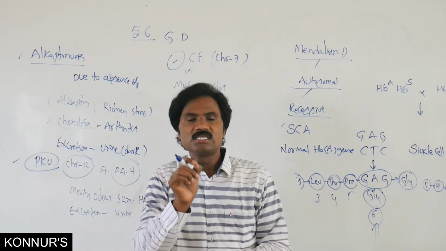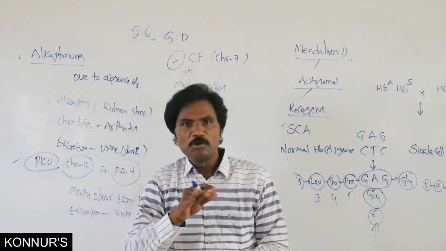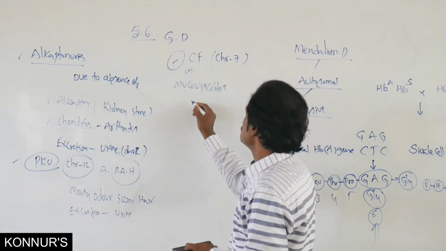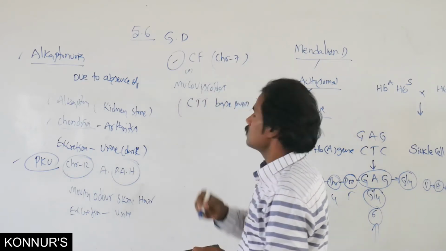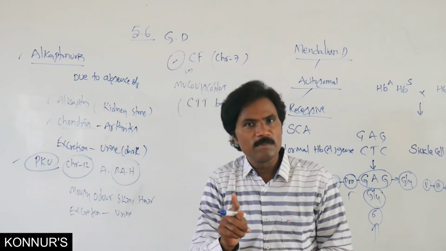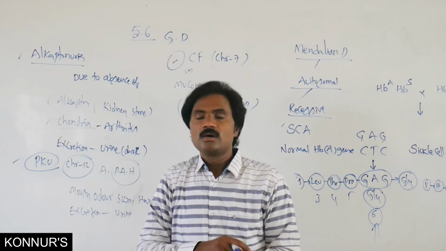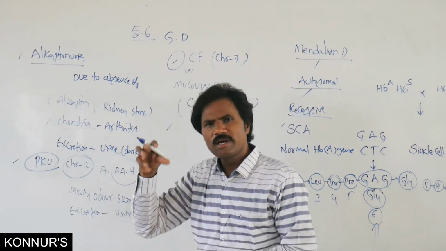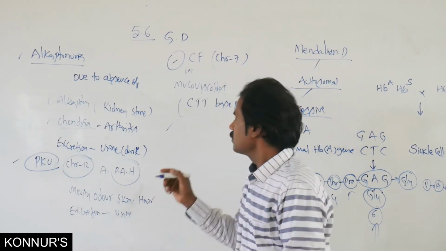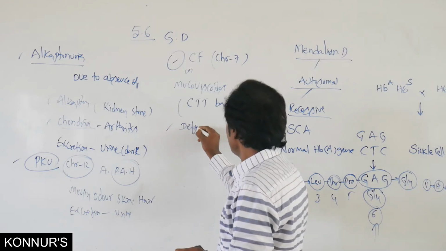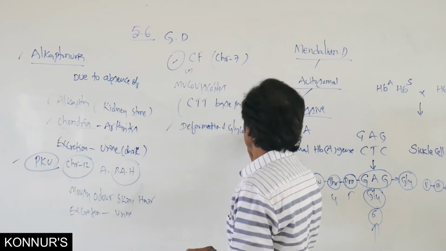Normally the CTT, these three base pairs, cytosine, thymine and thymine, on the 7th chromosome: if there is a mutational change or deletion of these three base pairs, it may cause dysfunction or deformation of the glycoprotein that is formed.